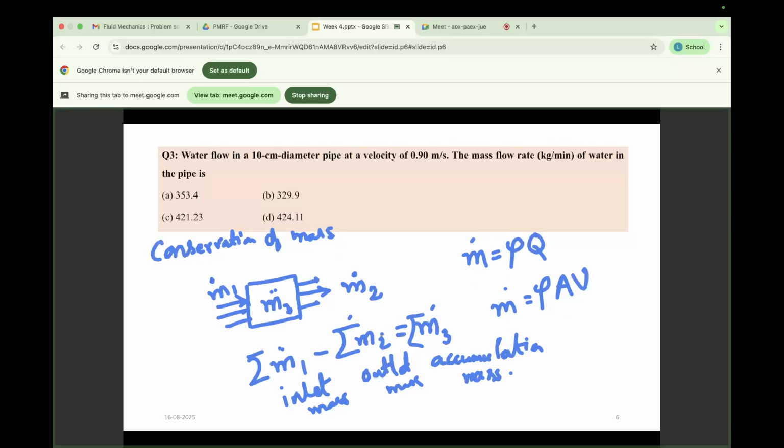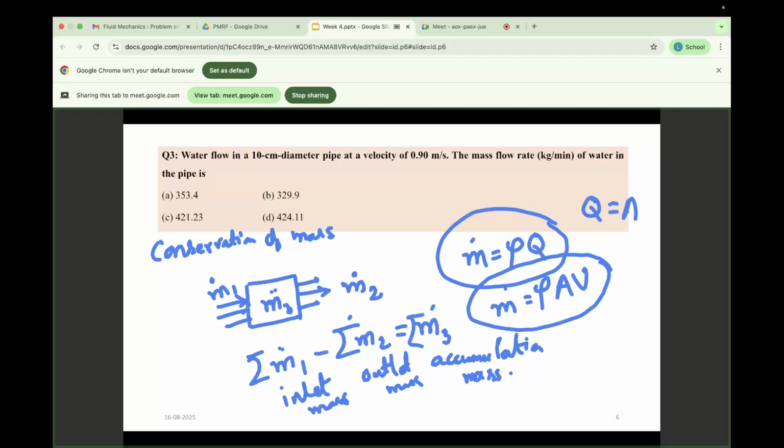That is the concept. So how do we find this mass flow rate? The formula is mass flow rate equals rho into Q, where Q is the flow rate in terms of volume, and the other formula is rho A V, that means Q is equal to A V. That is our fundamental formula, right? Up to this, I think it is clear.